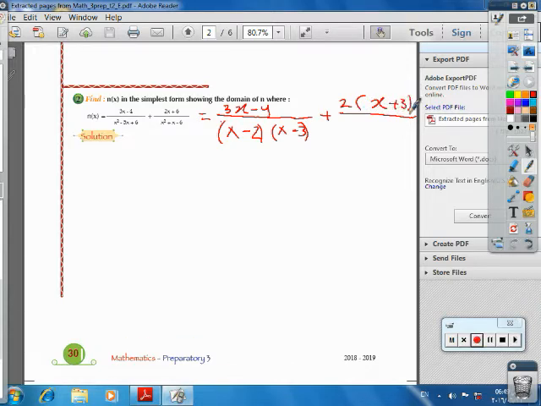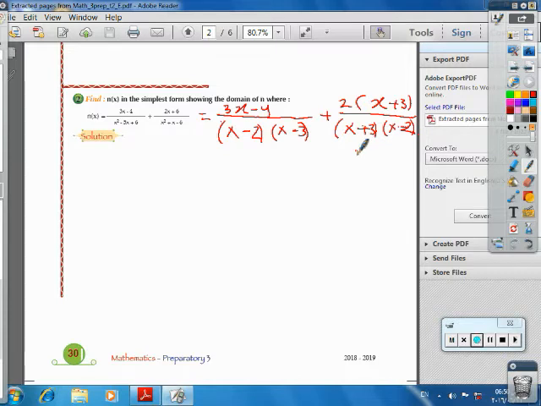In the denominator we can factorize also, x and another x, positive 3 and negative 2.